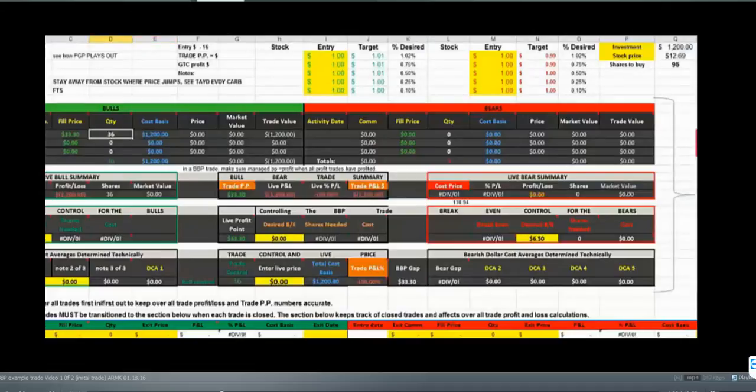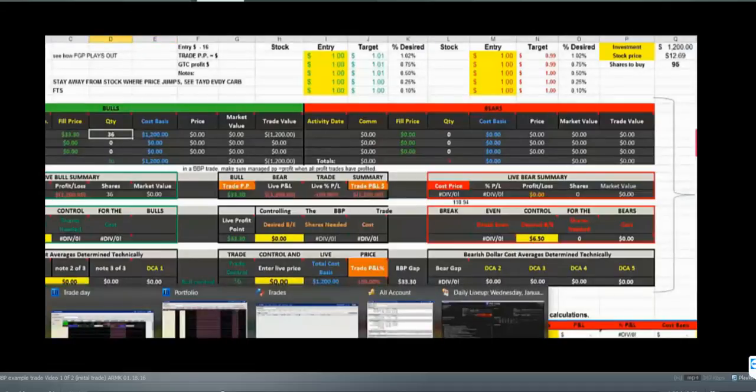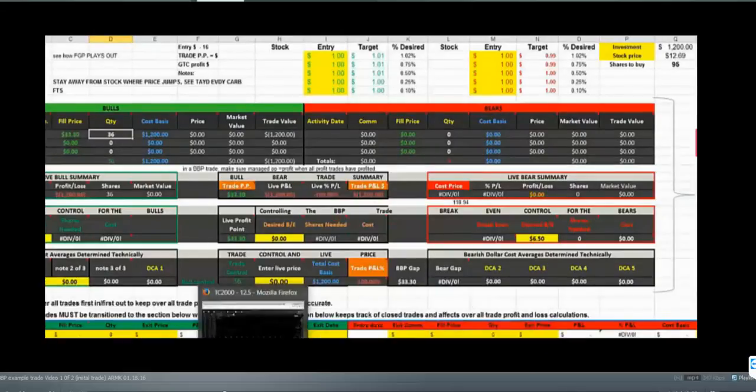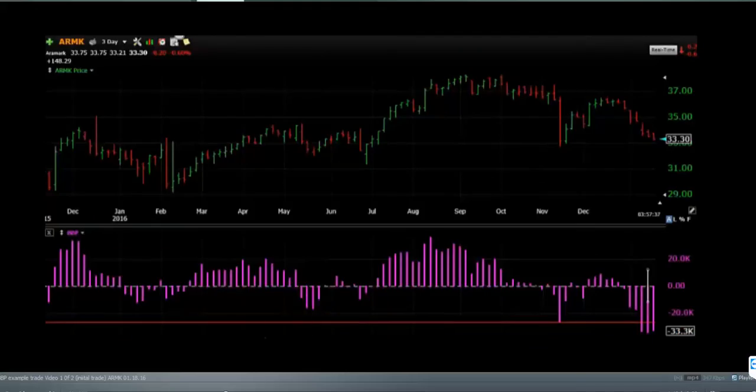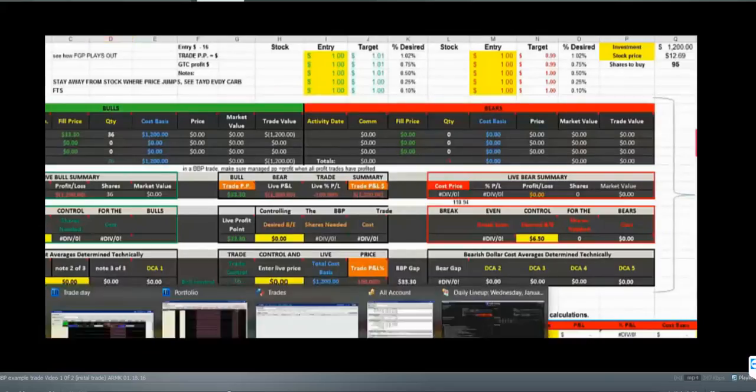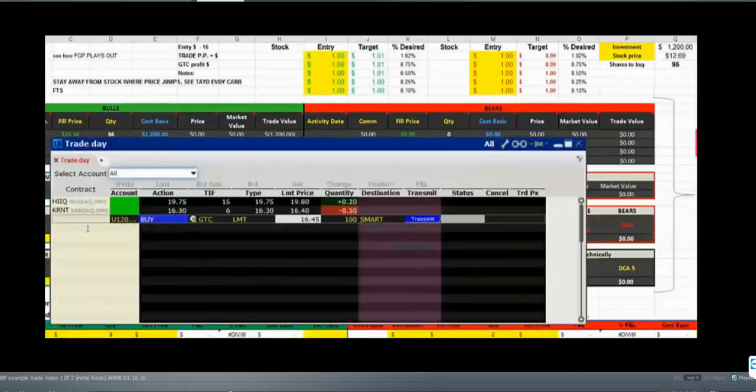So I'll come down to my trade platform and make sure we get everything squared away. Let me make sure the ticker's ARMK, 36 shares. ARMK brings up that stock.